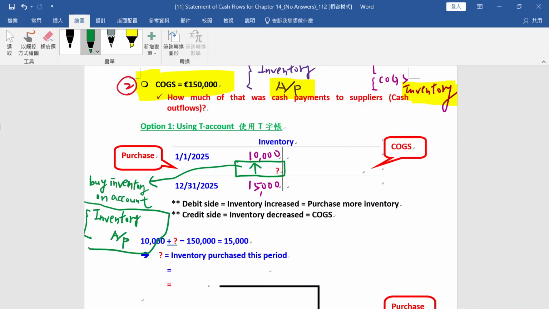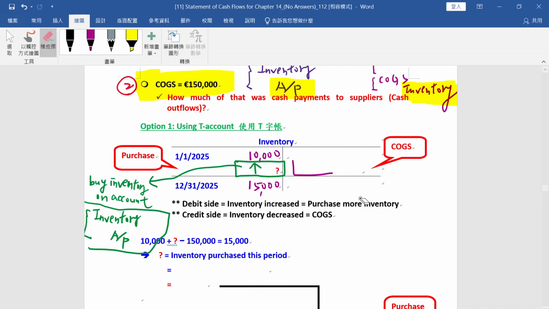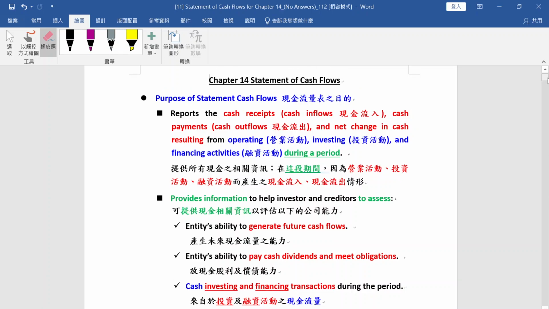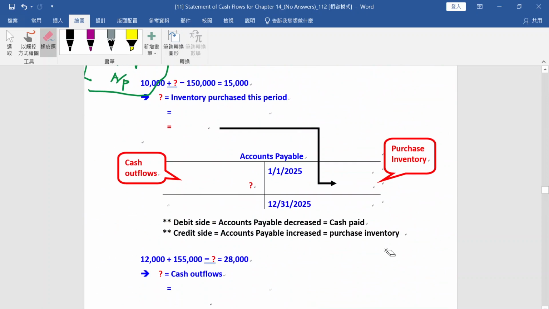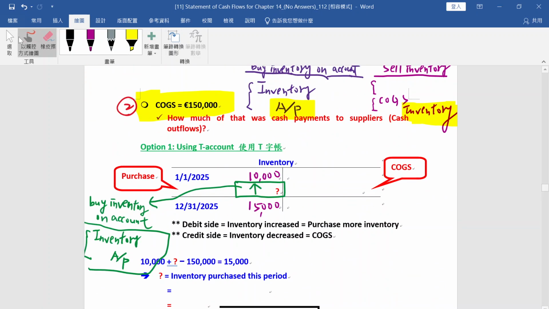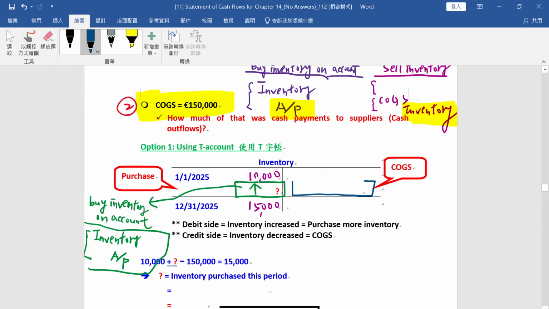And your inventory decreases when you sell the inventory. So inventory decreases. Why? When you sell the inventory.